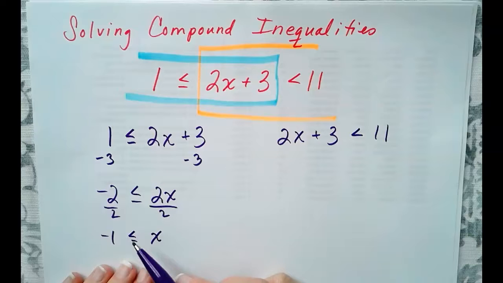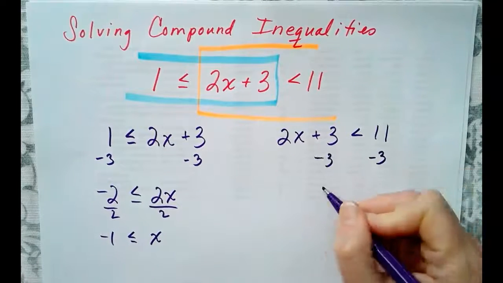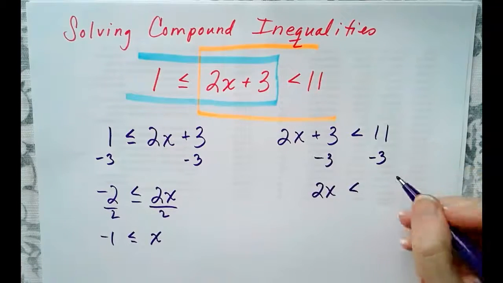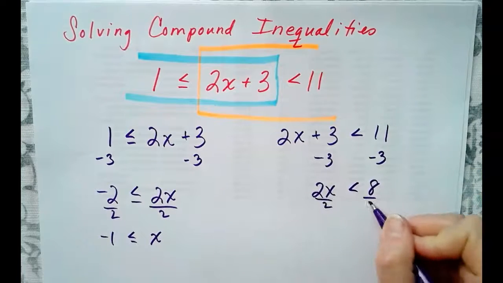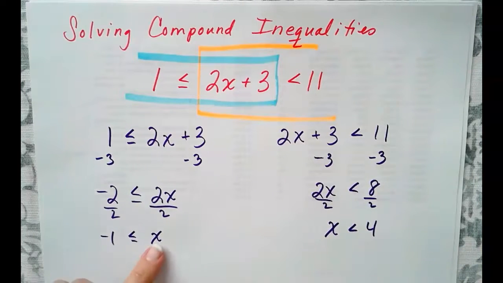If negative 1 is less than or equal to x, then read it backwards: x is greater than or equal to negative 1. So that's the first inequality. Here's the second one. 2x is less than or equal to 8. Divide by 2, x is less than or equal to 4. So we're looking for a number that's greater than or equal to negative 1 and less than or equal to 4.